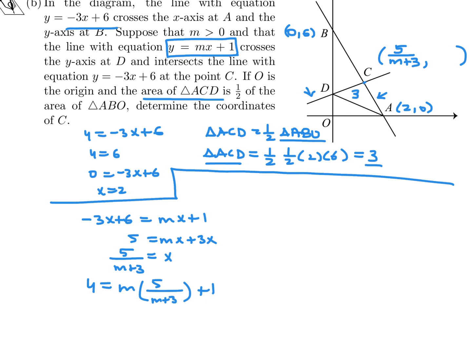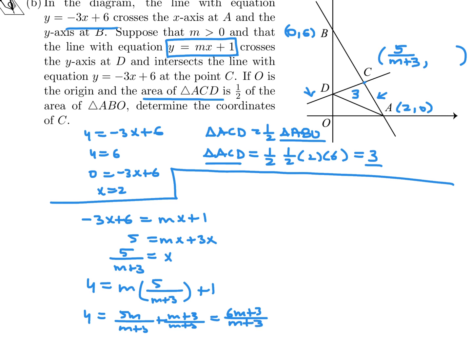So that's going to be y is equal to 5m over m plus 3, plus m plus 3 over m plus 3. So that looks to me like 6m plus 3 over m plus 3.